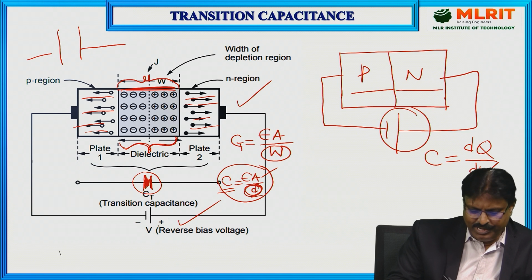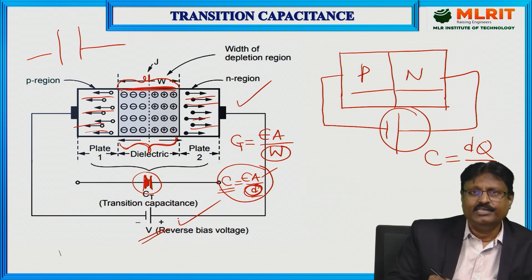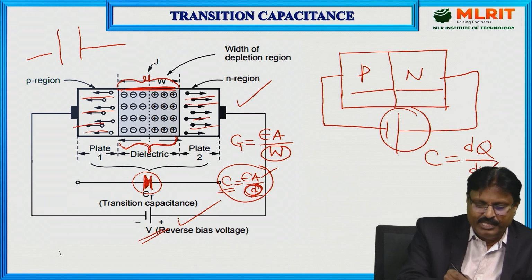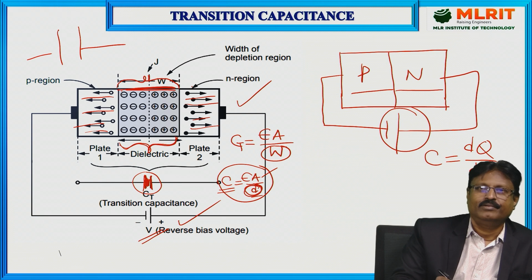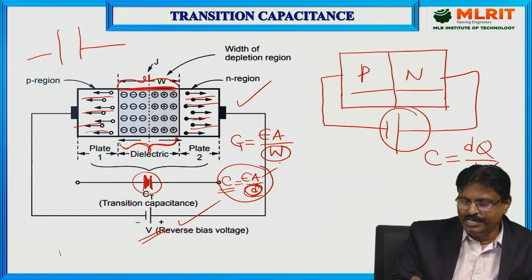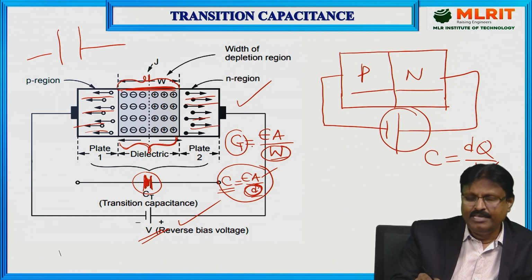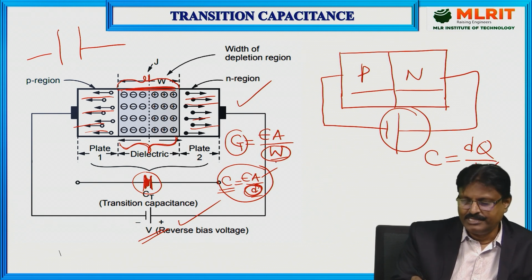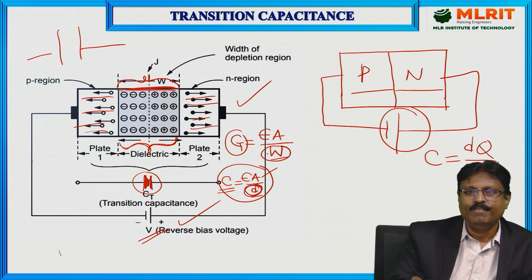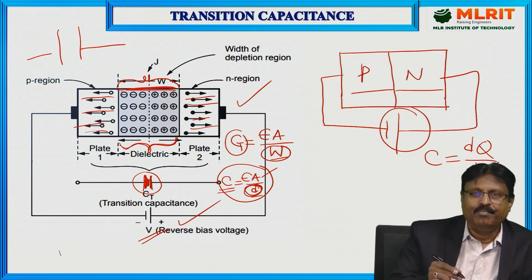As you can see, whenever you go on increasing the reverse biasing voltage, W goes on increasing. Whenever W increases, the capacitance goes on decreasing. So CT, the transition capacitance, is inversely proportional to the width of the depletion region.